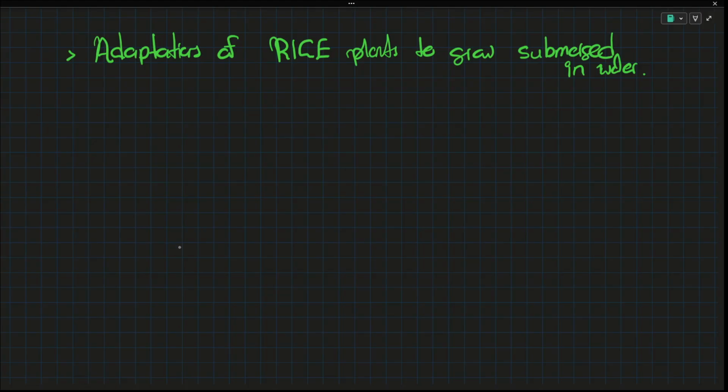I think that was 2023 October, November, or 2023 May, June. I'm not entirely sure, but it was maximum 6 marks. I'm going to give you 3 points, hence 3 adaptations that rice plants have to grow submerged in water. Number 1, the first adaptation: their stems really grow fast. So faster growth of stem to reach for air above water.